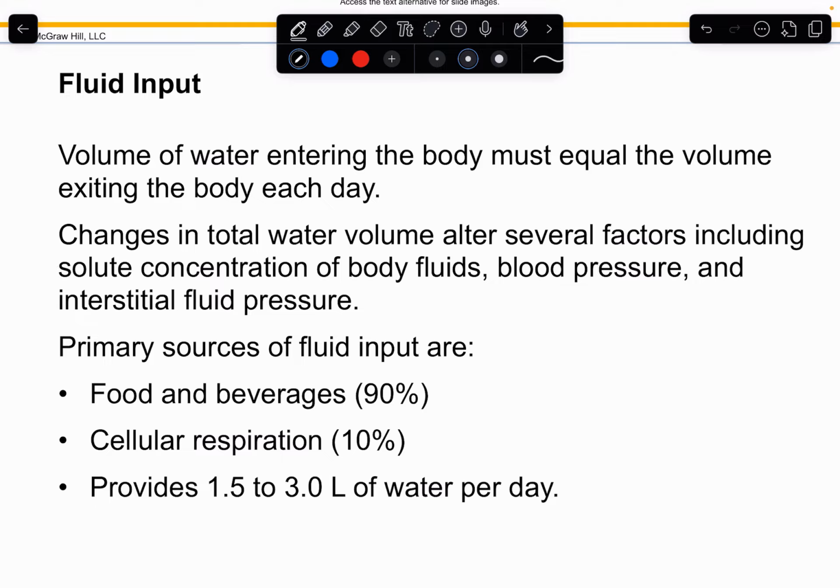Mainly how we get water: drinking fluid, food, then metabolic water. When cellular respiration happens, water is a byproduct. So that's the way we get our water for our daily purpose.